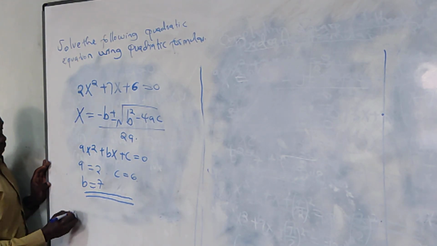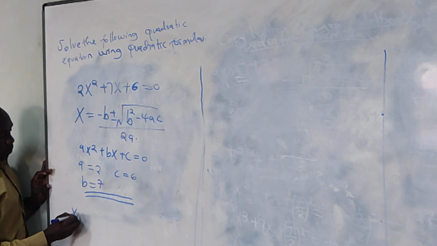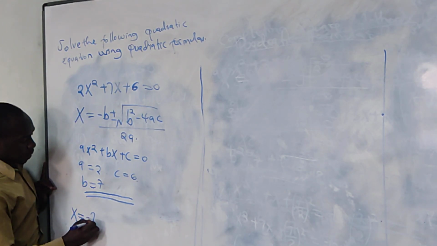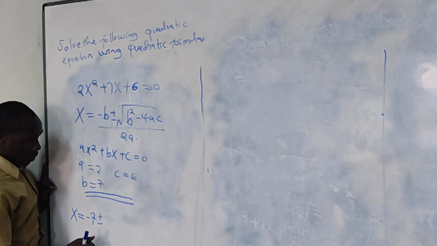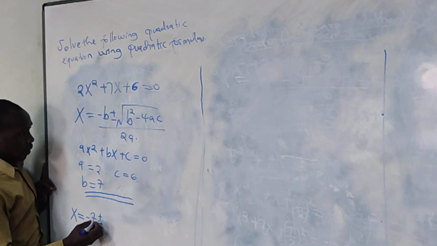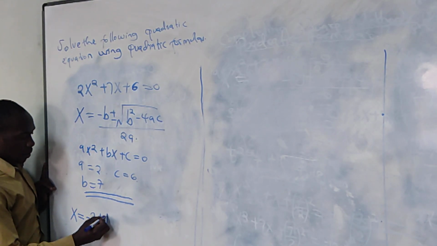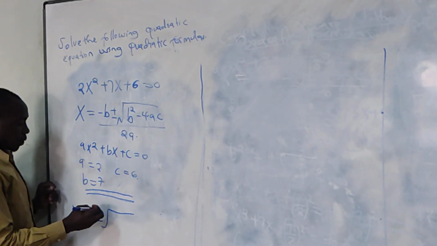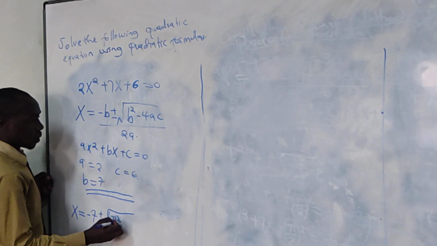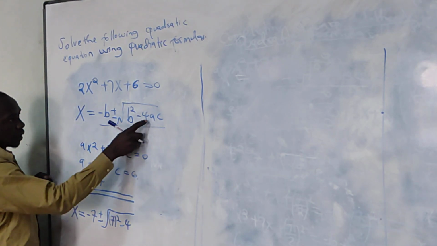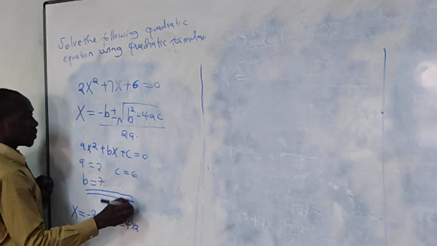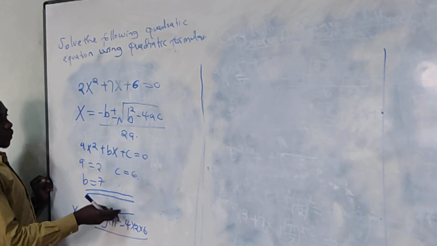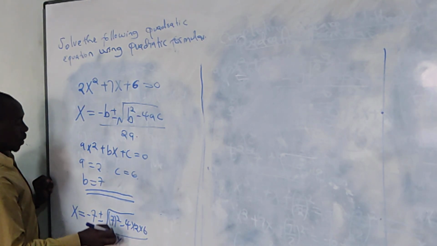So x will be equal to minus b, and our b is 7, so we have minus 7 plus or minus the square root of b squared, which is 7 squared, minus 4 times a, which is 2, times c, which is 6, everything over 2a, so 2 times 2.